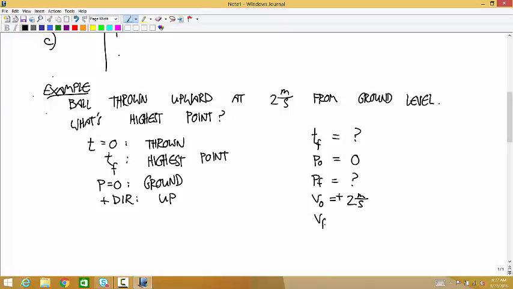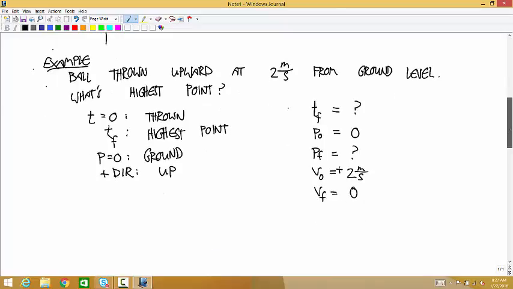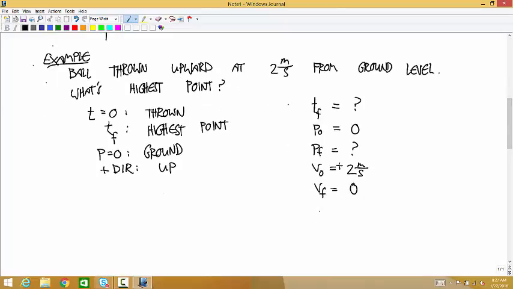V final, this is where we're going to use that criterion. When it gets to the highest point, the velocity is equal to 0, so at time final, the velocity is equal to 0. And then the acceleration, this is free fall, so 9.81 meters per second down, so negative 9.81 meters per second squared.